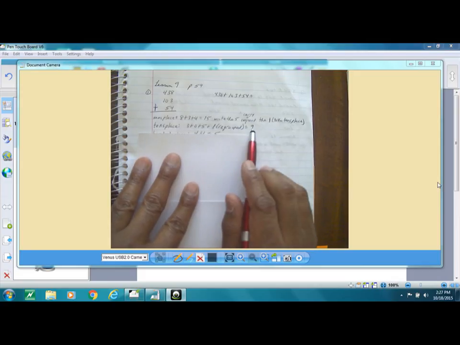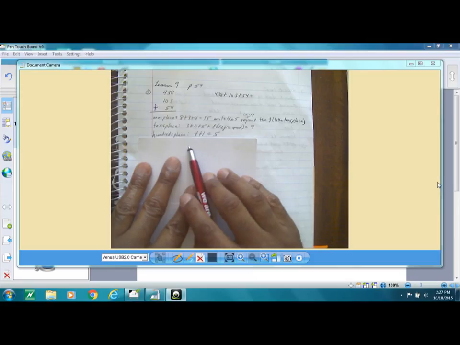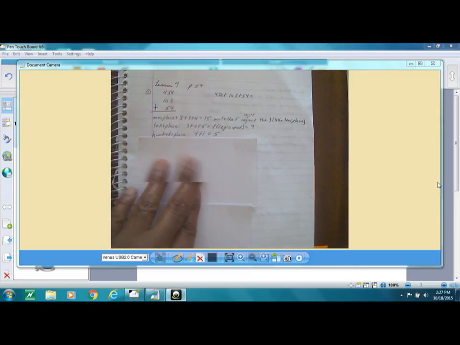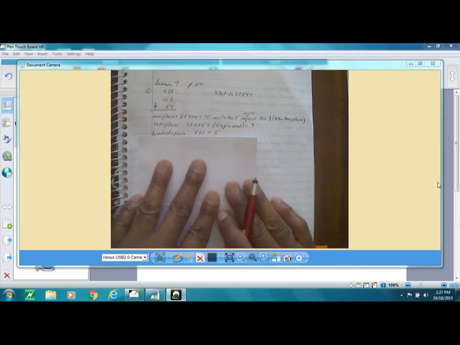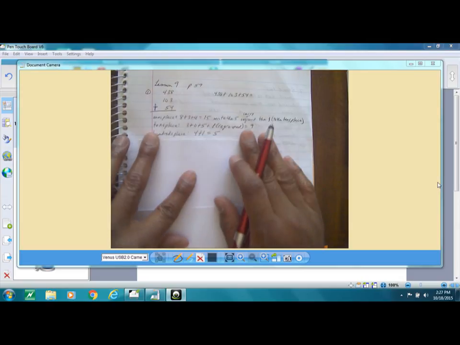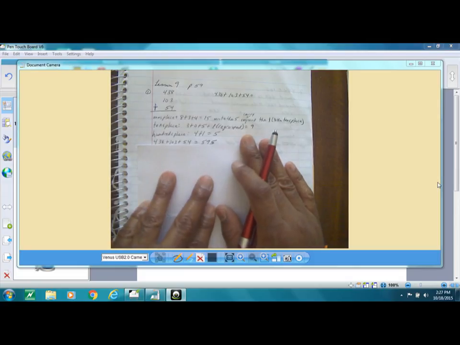And that 9 goes underneath the tens place. In the hundreds place, we have 4 plus 1 equals 5. So our answer to 438 plus 103 plus 54 is 595.